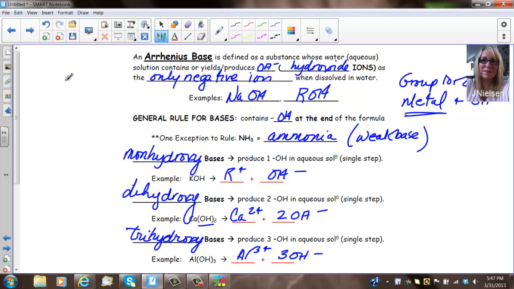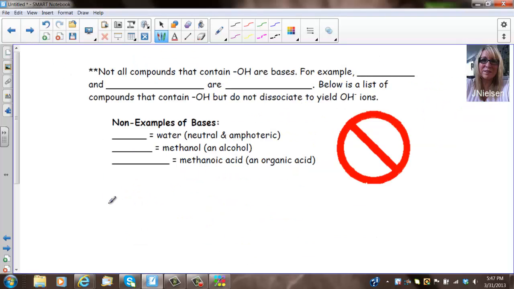Now, just as acids, not all compounds that have OH are considered a base. For example, alcohols and organic acids are not bases.